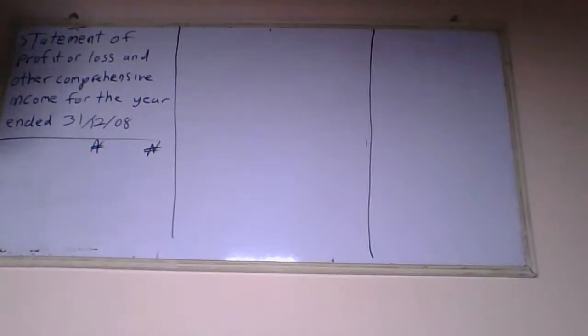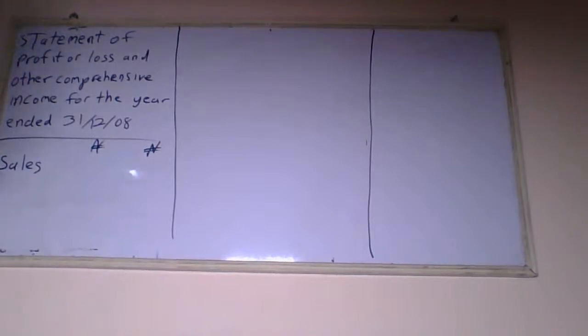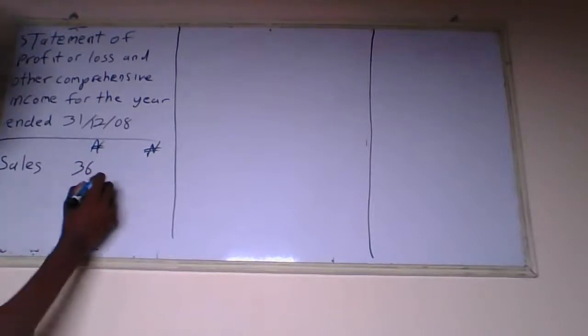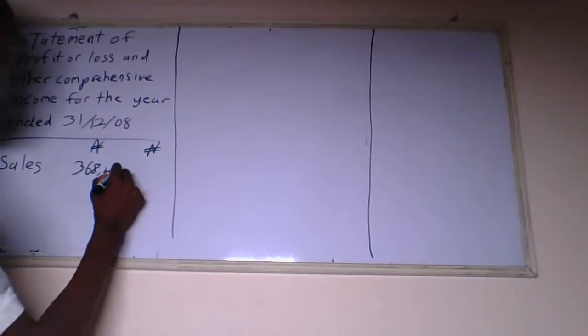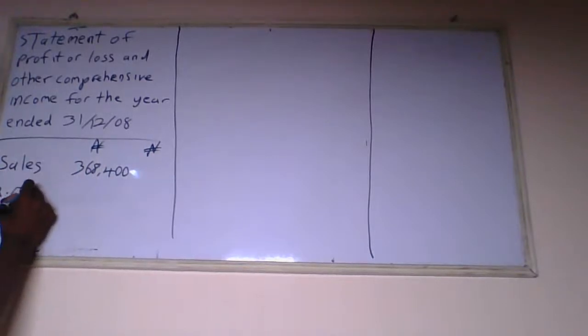So when solving a question like this, it always starts with sales. And from our question, we have our sales to be 400. And remember when I said we have return inwards, return outwards. When you have sales and the goods is faulty, so your customers are making a return, you consider that return.